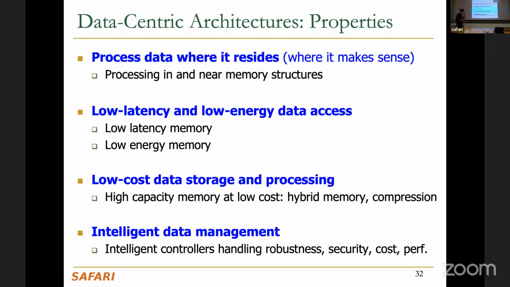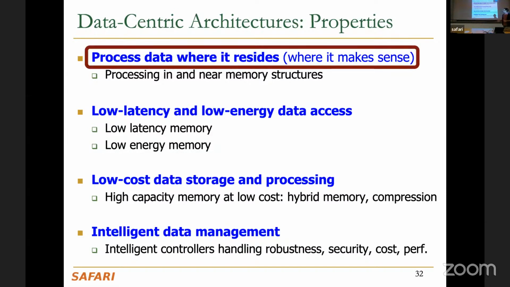And finally, more intelligent data management, right? Intelligent controllers that handle the data in a smarter way, and this way they provide robustness, security, lower cost and higher performance. But today we are going to focus on this part, process data where it resides or where it makes sense. In general, we call that processing in memory or processing near data.